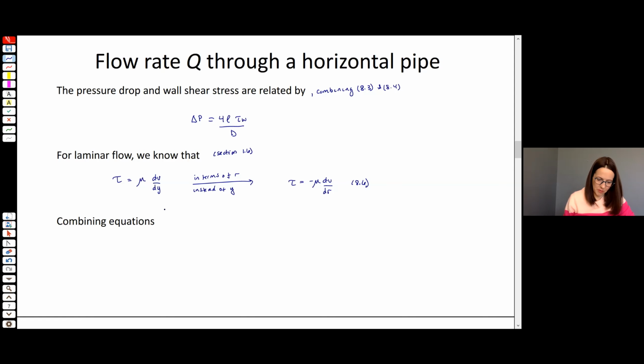All right, now if we combine equations 8.3 and 8.6, we get du dr is equal to minus delta P, that pressure drop, over 2 mu L all times r.